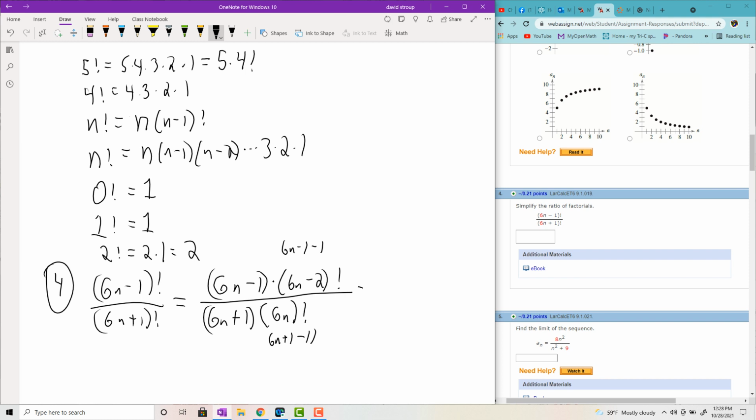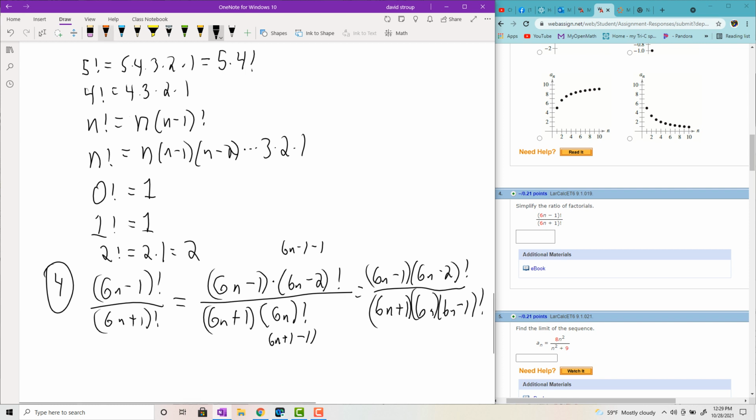We're looking for a nice cancellation. It looks like if I do one more recursive definition in the denominator with 6n factorial, I'll have a nice cancellation, right? So I have 6n plus 1 times 6n times (6n minus 1) factorial.